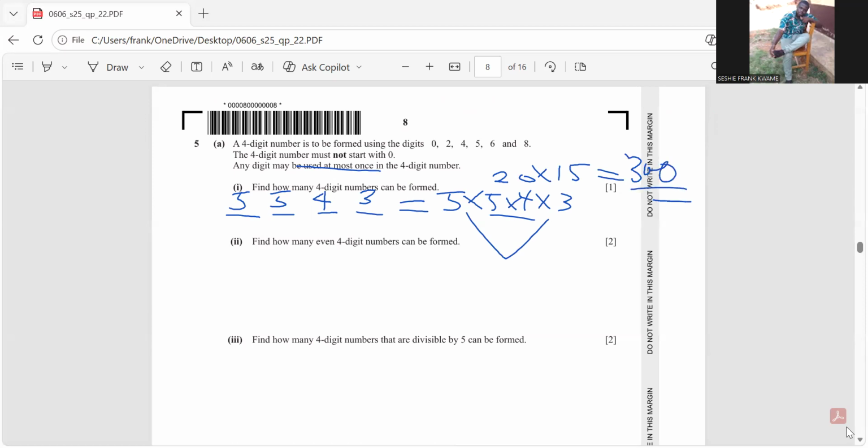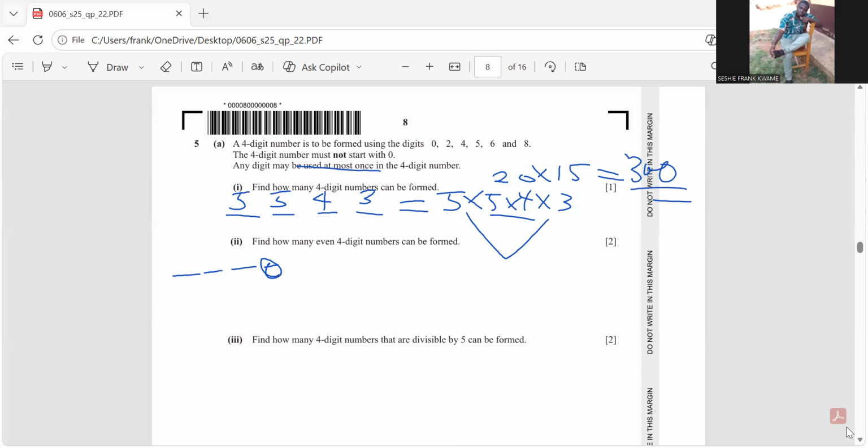Done with the A part, the first part for 1 mark. Find how many even 4-digit numbers can be formed. So for even 4-digit numbers, don't forget that we have 2 ways of doing that. 1, 2, 3, 4. The last digit can be 0.